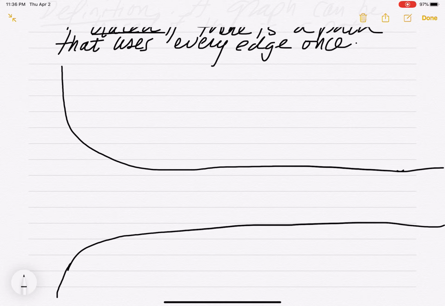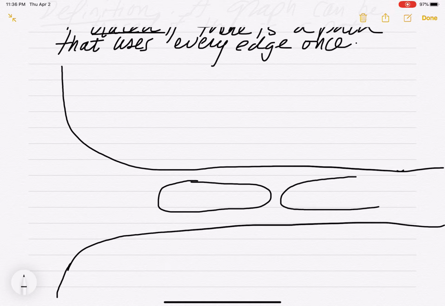Okay, and here you have two islands. Two islands. And there were bridges. There was a bridge going from this island to the mainland, and a bridge going from this island to the mainland.